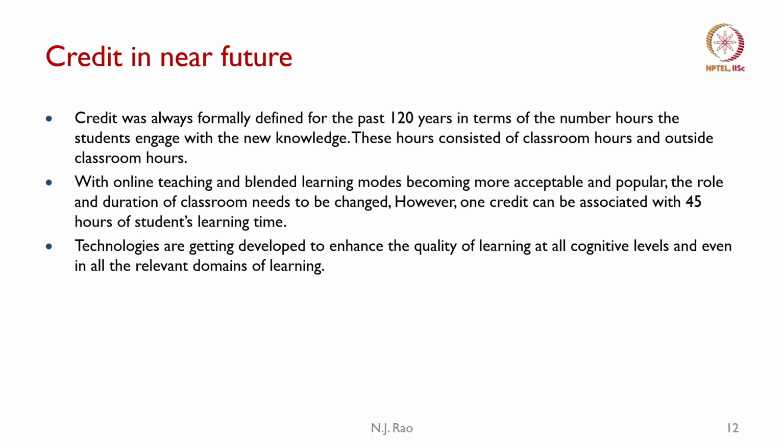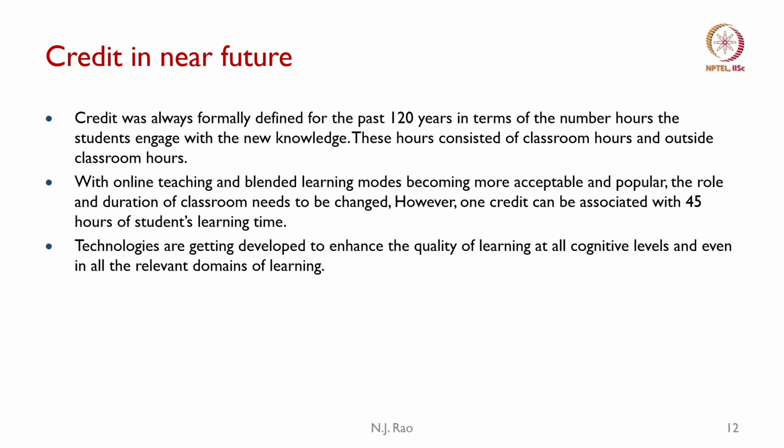Now, credit in the near future. Credit was always formally defined, for the past 120 years, in terms of the number of hours the student engaged with the new knowledge. So that has not changed. What happened is that in the early part of this century, people all over the world came together to review whether this concept of credit should be continued or not.